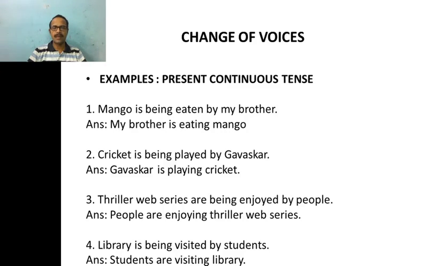That's why with my brother is goes, but with people are goes. Rest of the things, the same rule. People are enjoying thriller web series. Right? Okay. You can look at the other two examples. They follow the same rules.